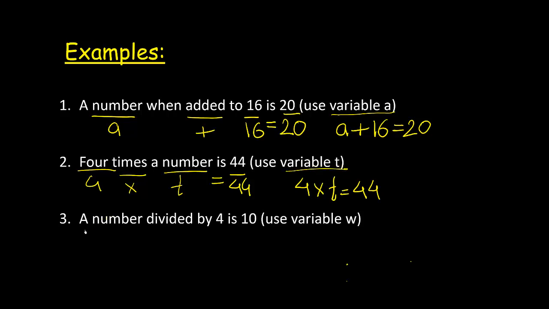Now in this one we have: a number divided by 4 is 10. Use variable w. So a number, which is w, divided by 4 is equal to 10. w divided by 4 is equal to 10.